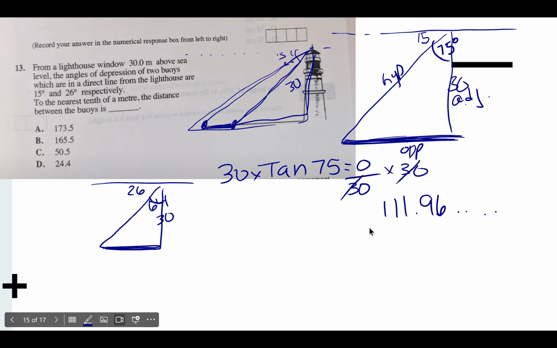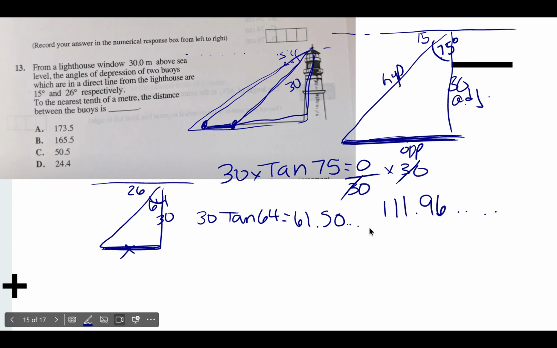I still want to find this side. It's a similar setup. It will be 30 this time times the tan of 64. I'm skipping a few steps here, but just set up your ratio and solve for this missing side, which is the opposite side. So 30 times tan of 64 is 61.50, and that number keeps going.